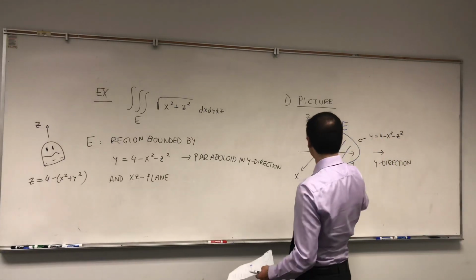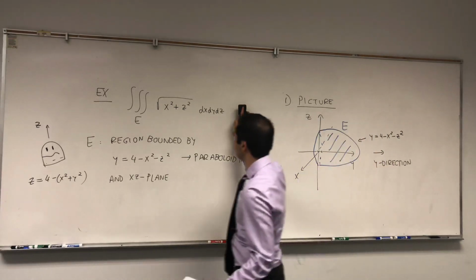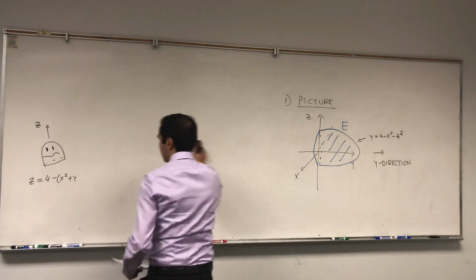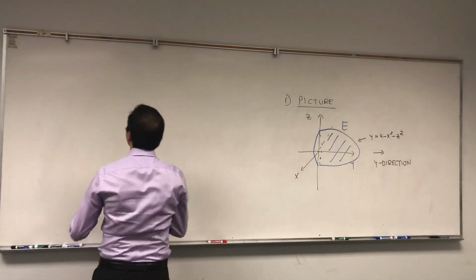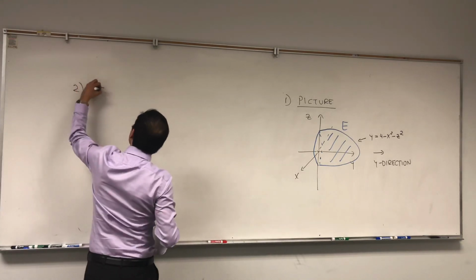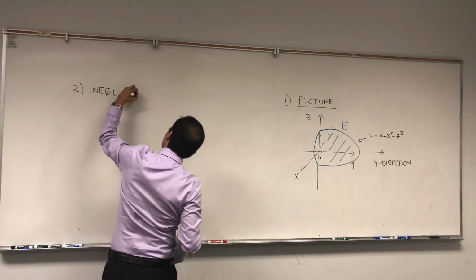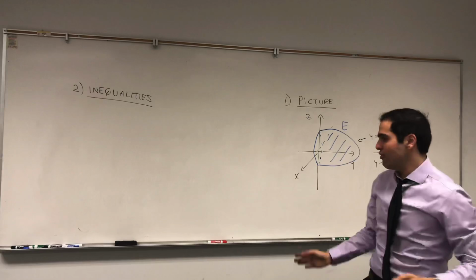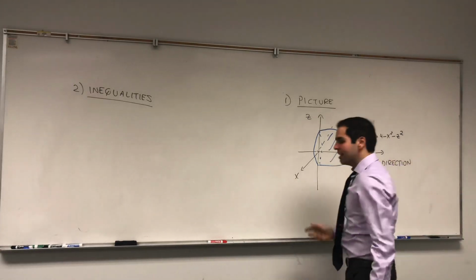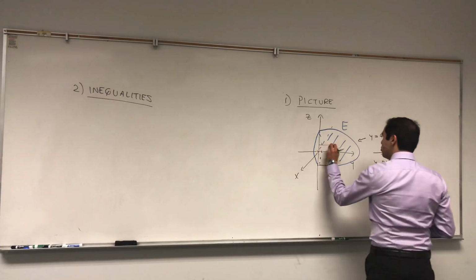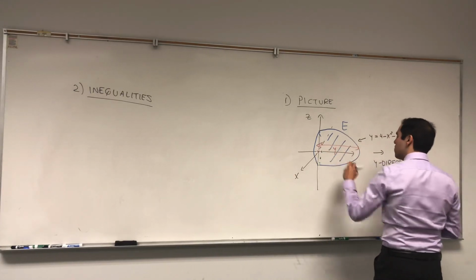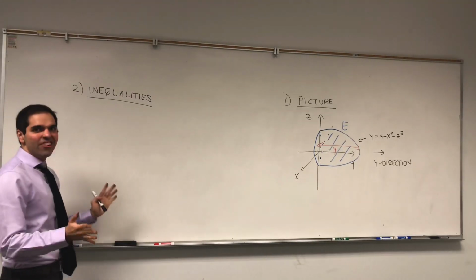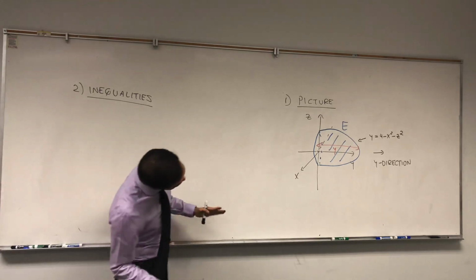And then, next thing is we have to find inequalities. Usually you start with z first, but because it's facing the y direction, you have to do y first. And so, it is still y is between bigger and smaller, but now you have to tilt your head.